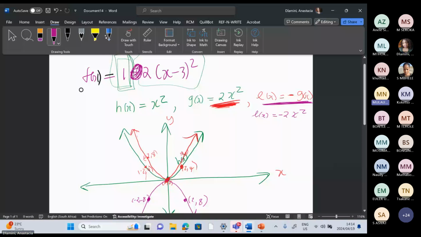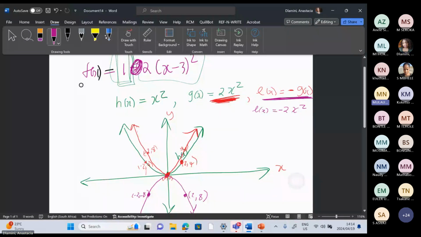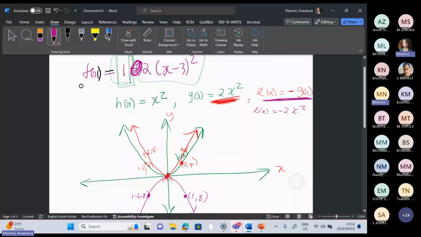So put the function f of x into the ordinary form, like f of x equals -2 times (x minus 3) squared plus 1. Wait, if you do what? I mean, to put the f of x function into order form, like f of x equals -2 times (x minus 3) squared plus 1.